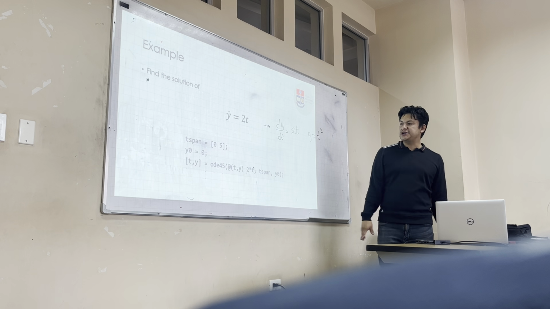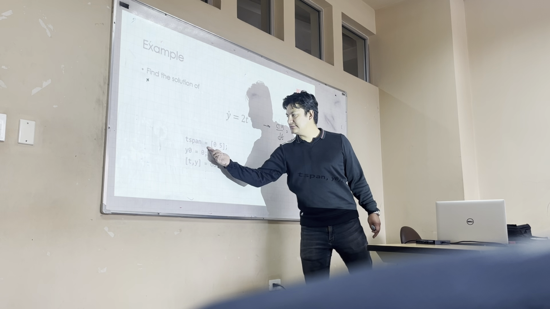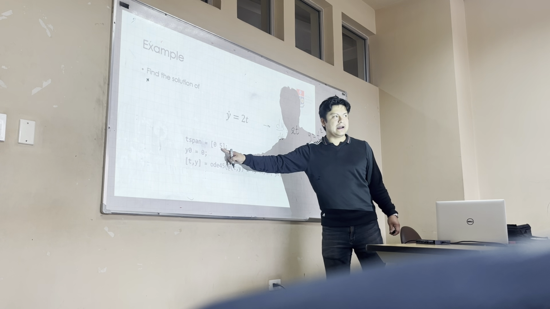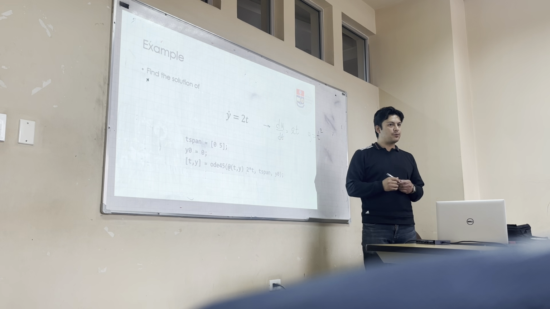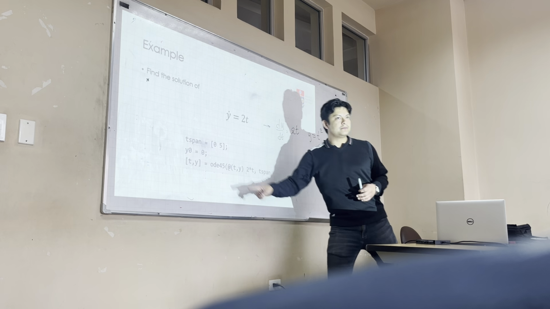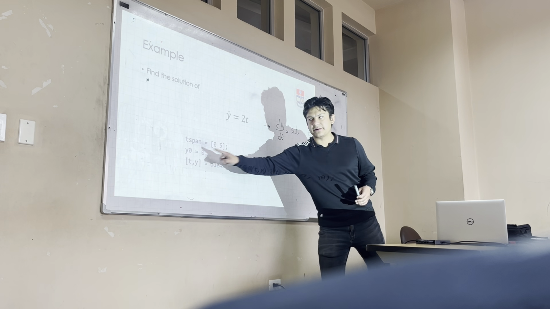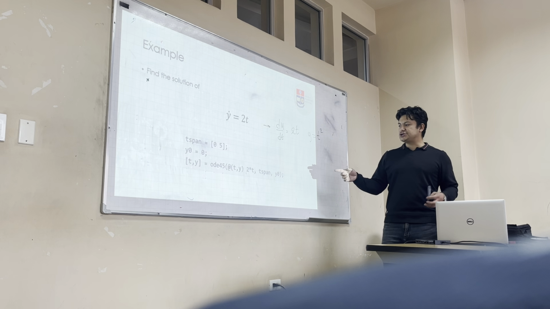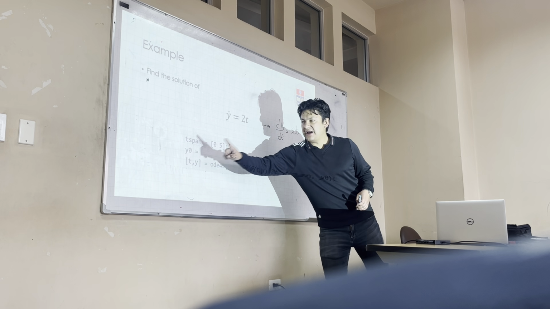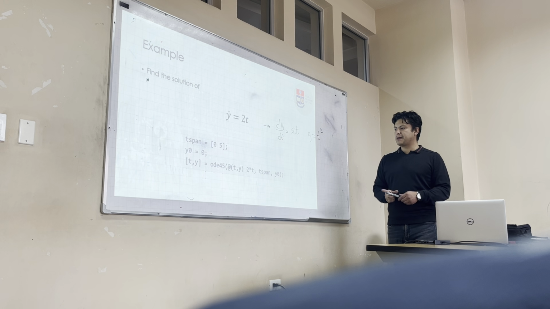An approximation is using this code. You go here and define the time span. Time span is the numbers between 0 and 5 included in steps of 1. y0 is the initial condition. When t equals 0, y equals 0. You go to here. And the solution, that form is, we're going to have a solution for the time, a solution for y, and this is the way to specify.